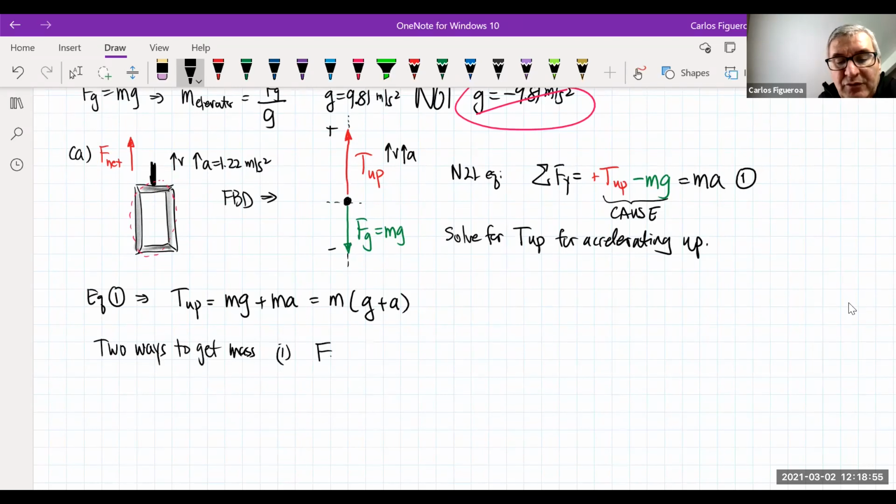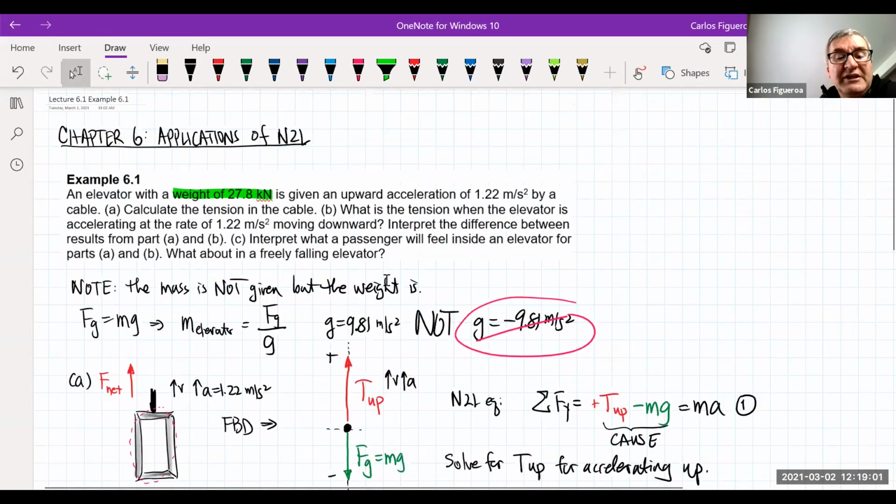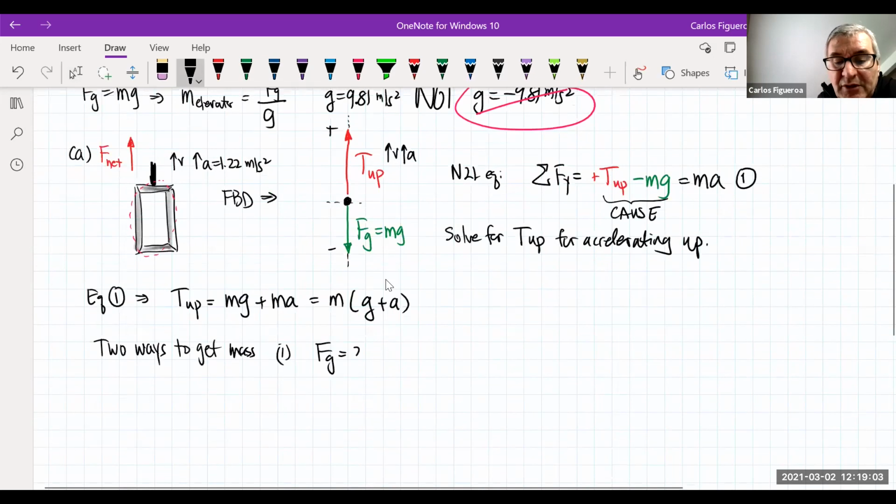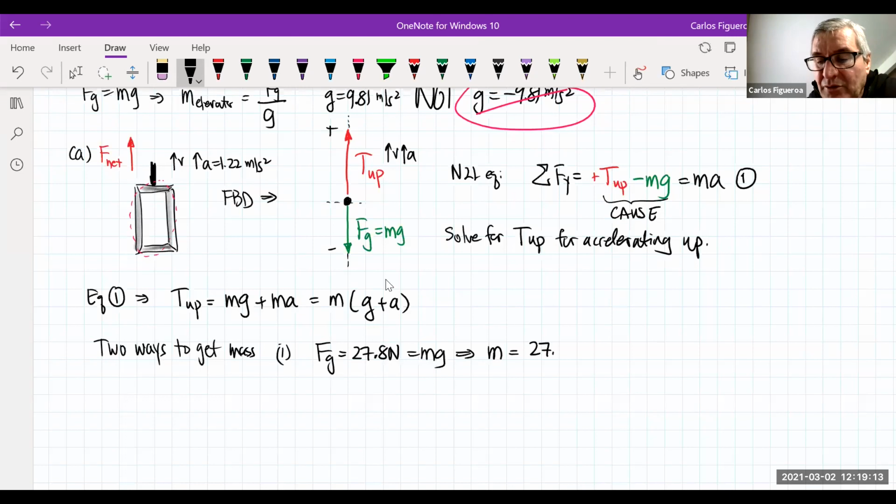We know that the force of gravity, which is the weight, they tell us is 27.8 newtons, and we know this has to be mg. So I could get the mass by calculating 27.8 newtons divided by 9.81 meters per second squared. And you can get it that way.